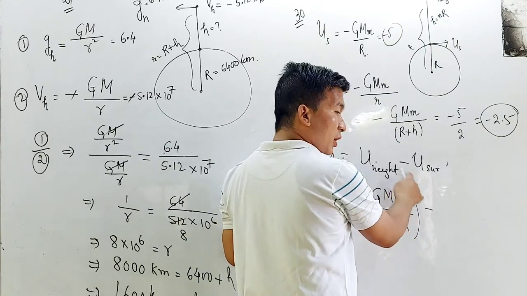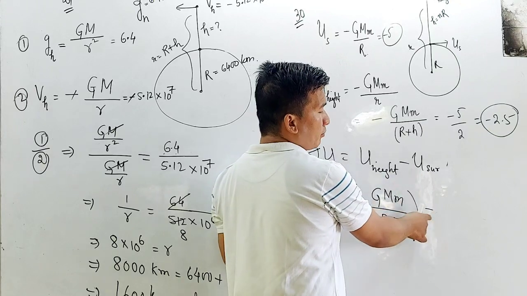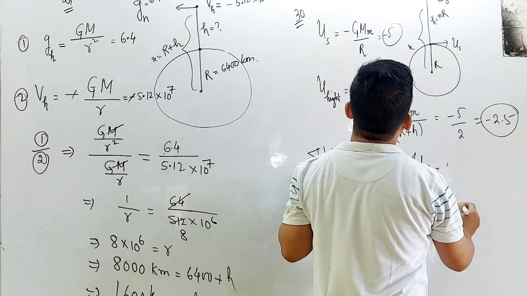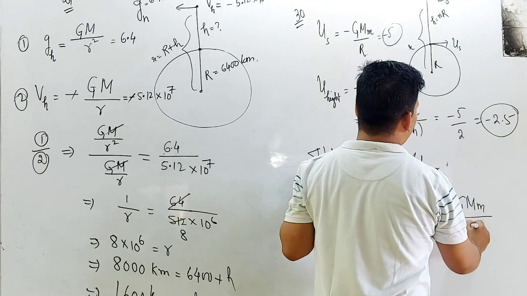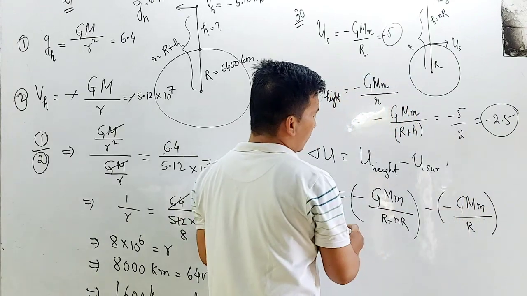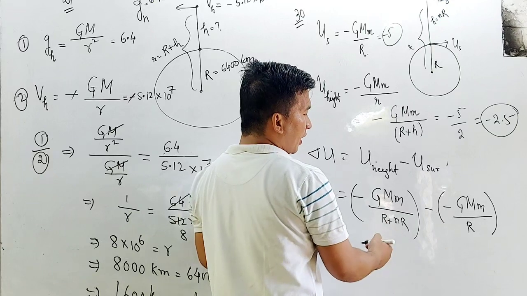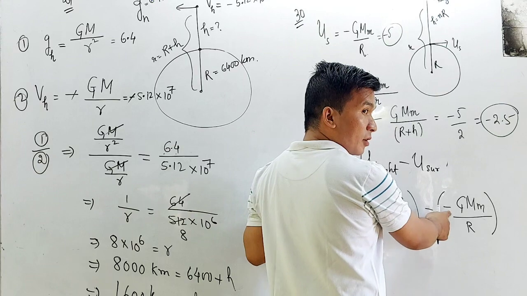This minus is for the difference, the change in the potential energy. And U at the surface will be equal to minus of capital G capital M small m divided by R.